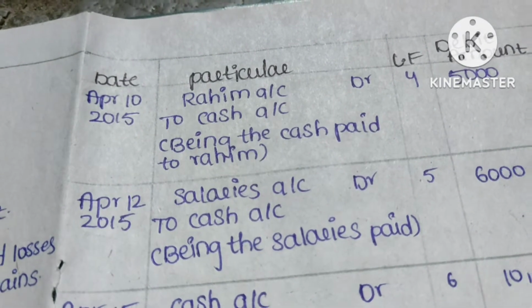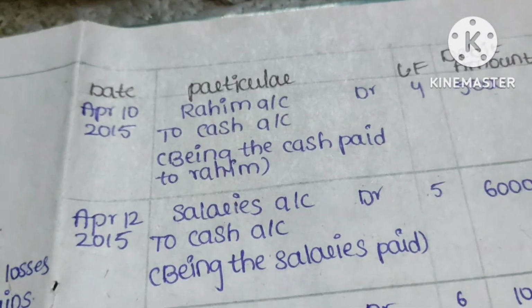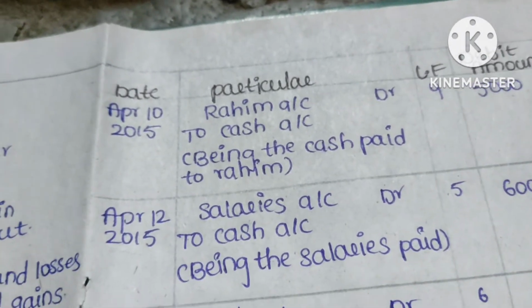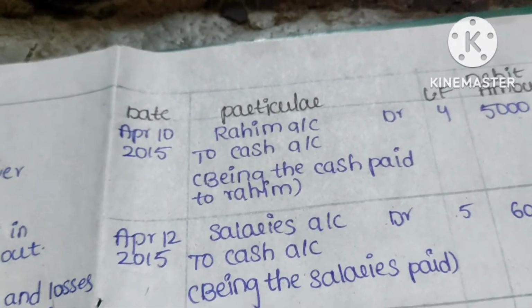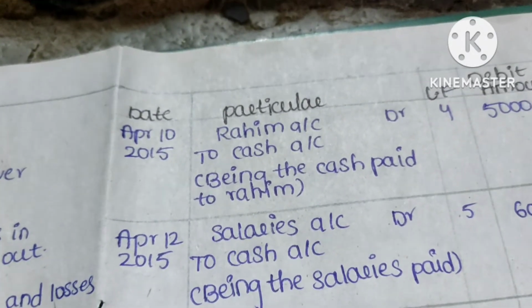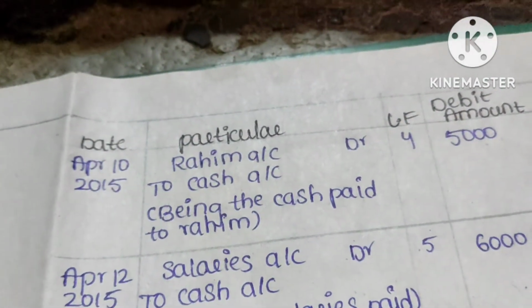This is a personal account, because here he is mentioning a person. Rahim is receiving the cash, so he is a debtor, and we are giving the cash to Rahim, so we are the creditor. The narration is: being the cash paid to Rahim.